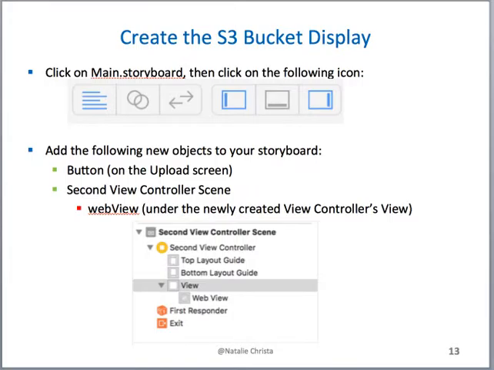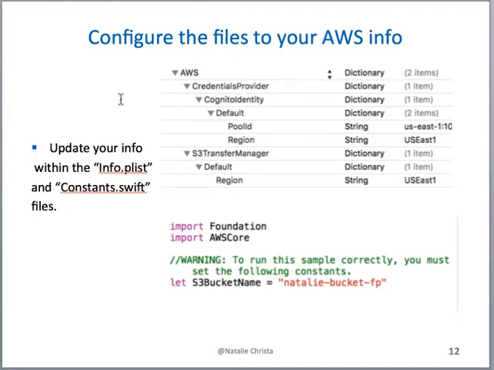And now we can work on modifying our storyboard so that it will allow us to display the contents of our S3 bucket. Essentially, you would already be starting with the foundation of being able to upload files to your S3 bucket, to which now you've configured them to be able to access the S3 bucket.